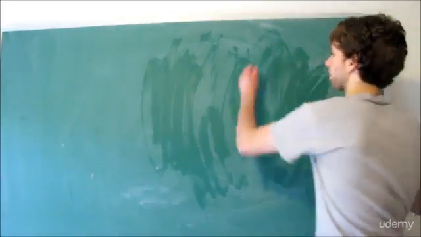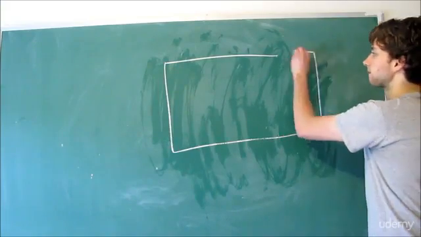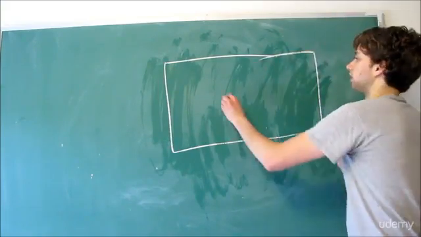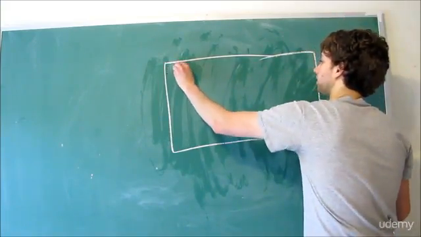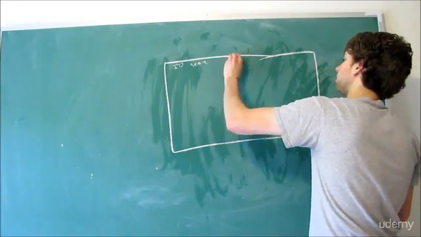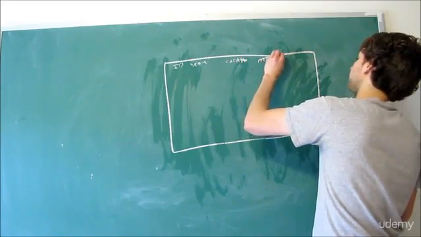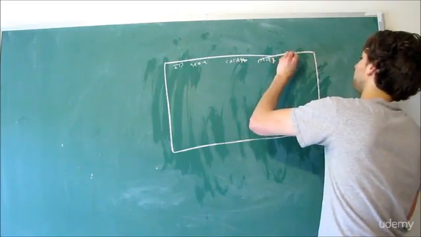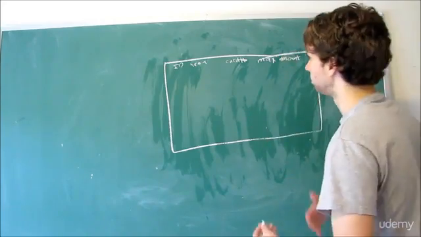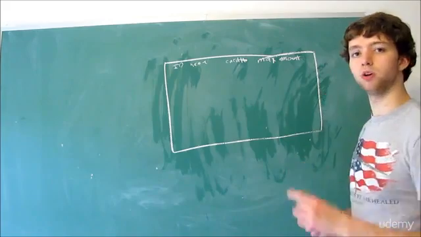Alright, so here's our table. Can you guys see that alright? We have the ID, and then the name of the person, and then we have the card number, and then the max amount, and so forth. Well, you can see that this table is really about two things.